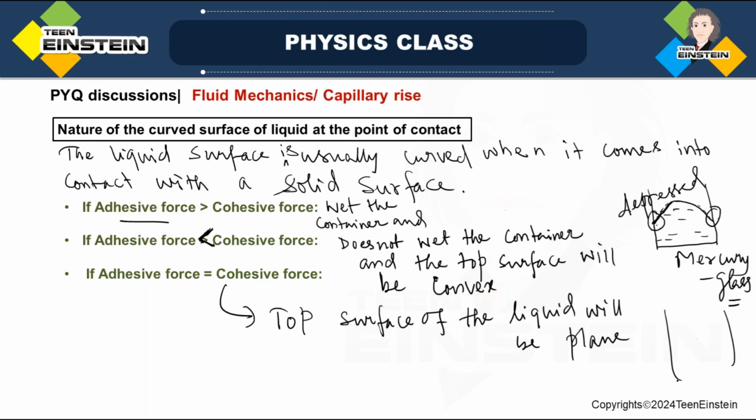So it will be like this, and I'll give you examples of when this happens in the next slide. So this is the liquid surface, so this is a plane surface. This happens when the adhesive force and cohesive force are of the same strength, okay, for some liquids.